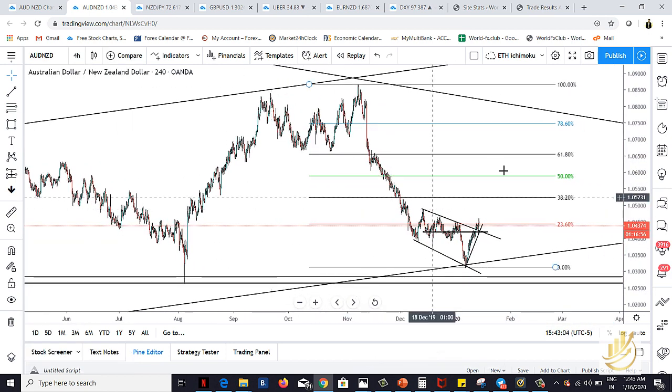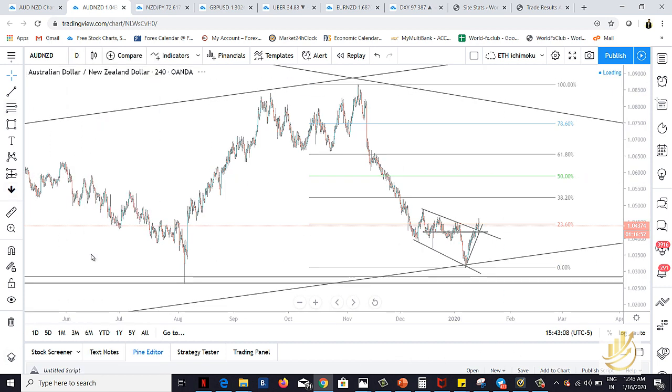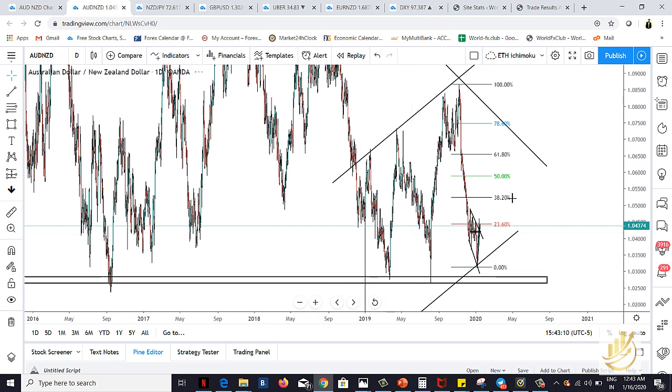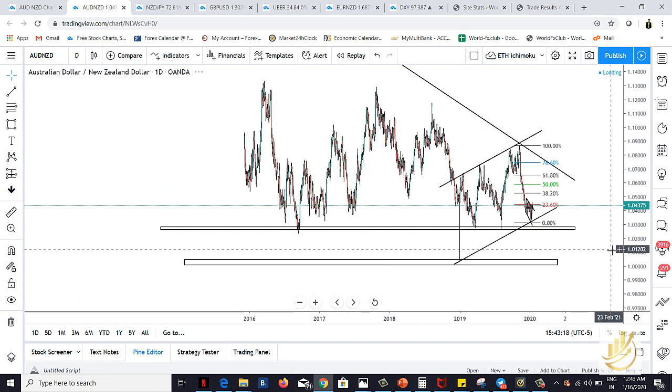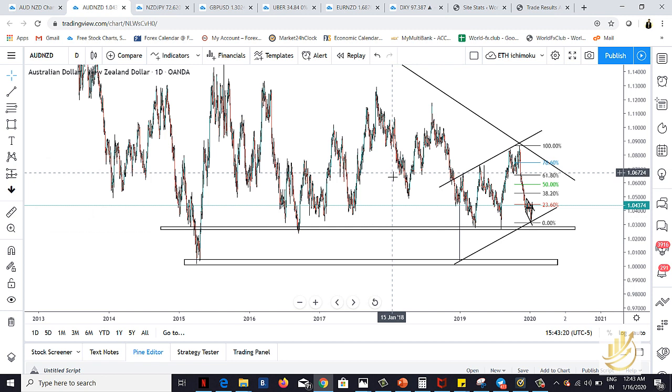If I open a 1-day chart, what I see here is that this is one resistance area, and we have a couple of supports here.